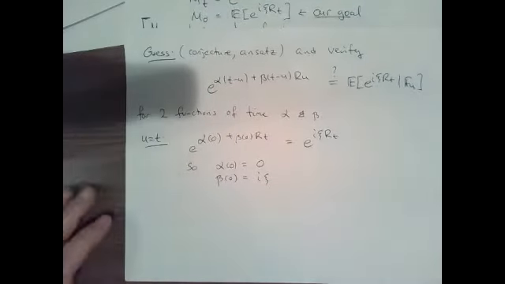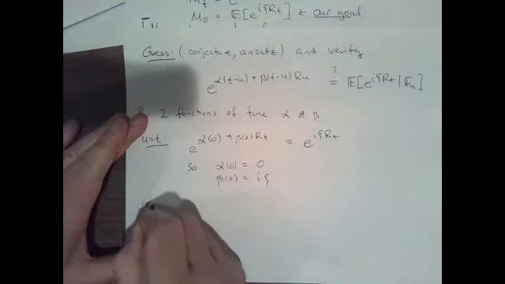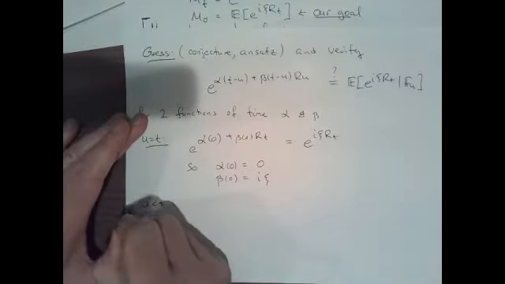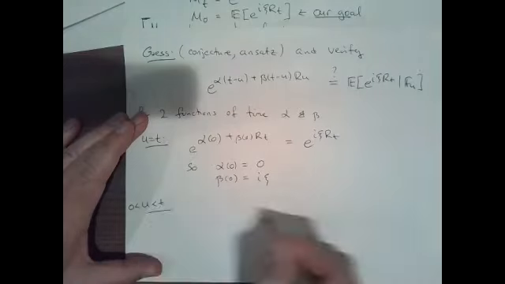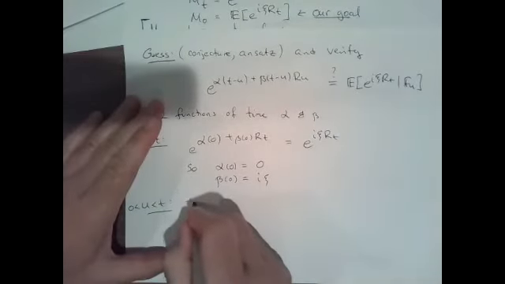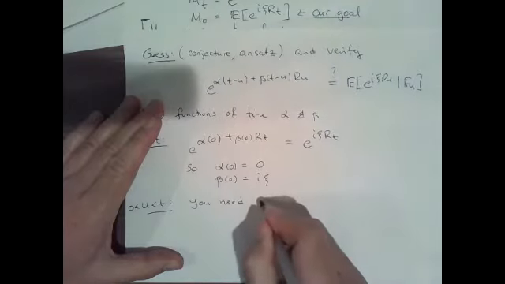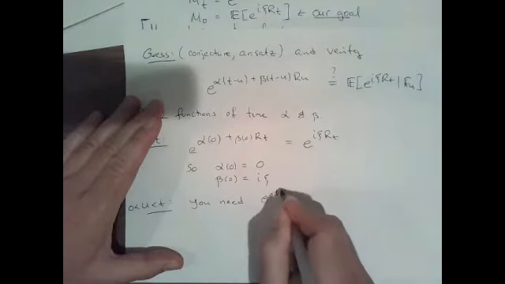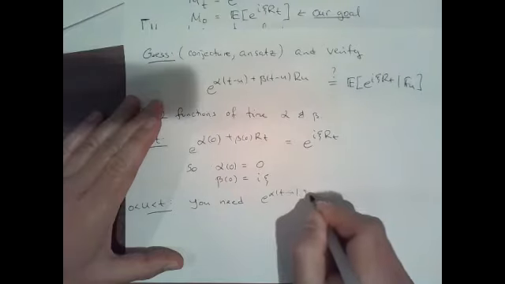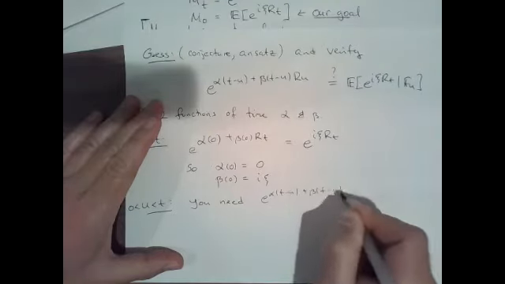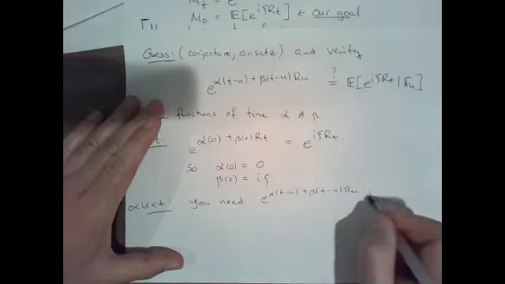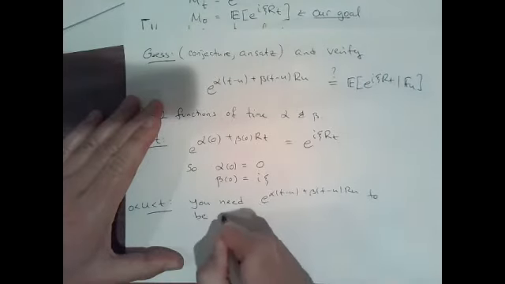Okay. And then for u less than t and bigger than 0, you need the martingale property. You need e to the alpha(t minus u) plus beta(t minus u) R_u to be a martingale.